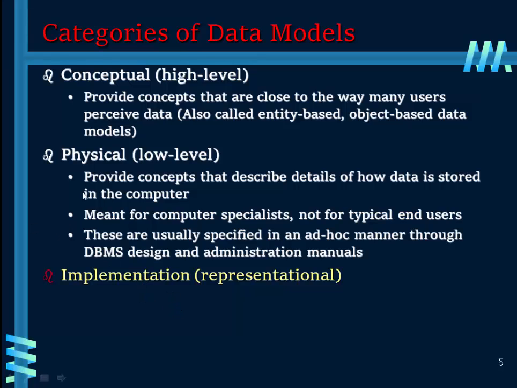So as we know, conceptual data models use concepts such as entities, attributes and relationships. What is the meaning of entities, what is the meaning of attributes, and what is the meaning of relationships? Let us see one by one.